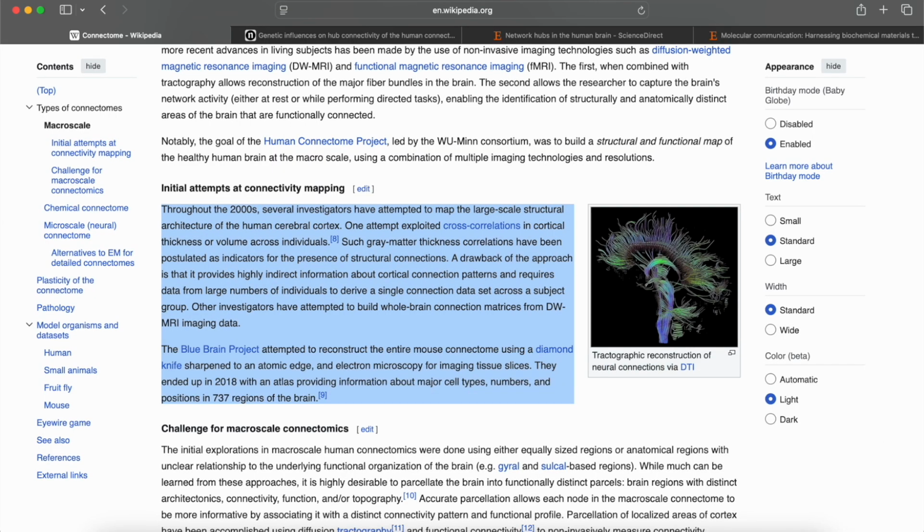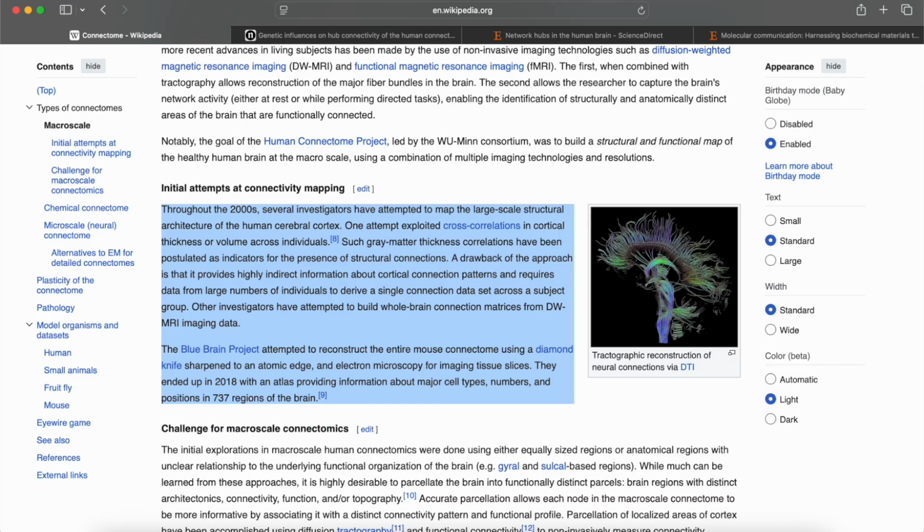Throughout the 2000s, several investigators have attempted to map the large-scale structural architecture of the human cerebral cortex. One attempt exploited cross-correlations in cortical thickness or volume across individuals. Such gray matter thickness correlations have been postulated as indicators for the presence of structural connections.